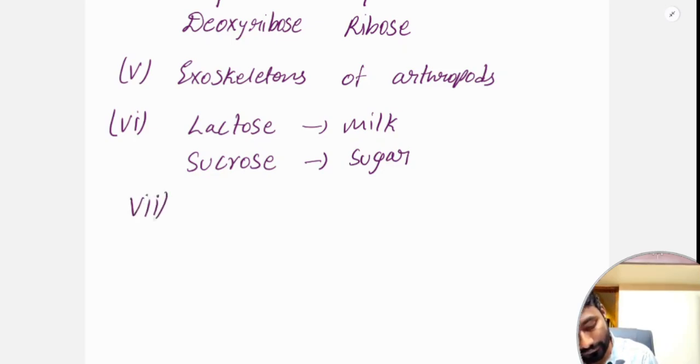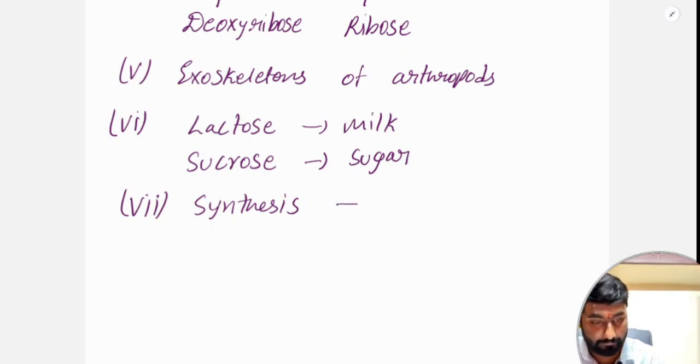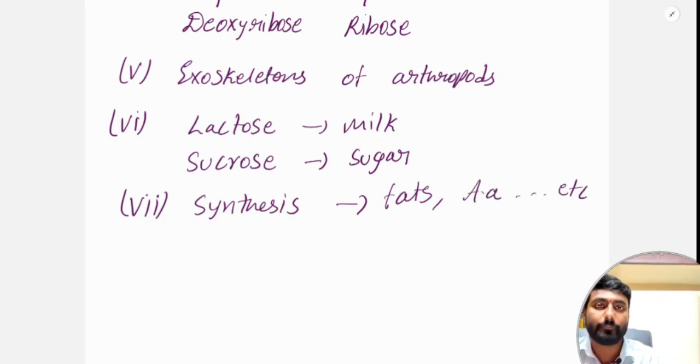Even carbohydrates are helping in the synthesis of many compounds like your fats, amino acids, and so on. Even your blood group substances are carbohydrates.